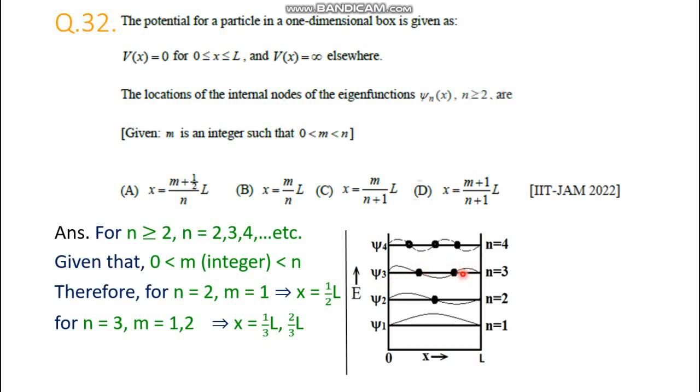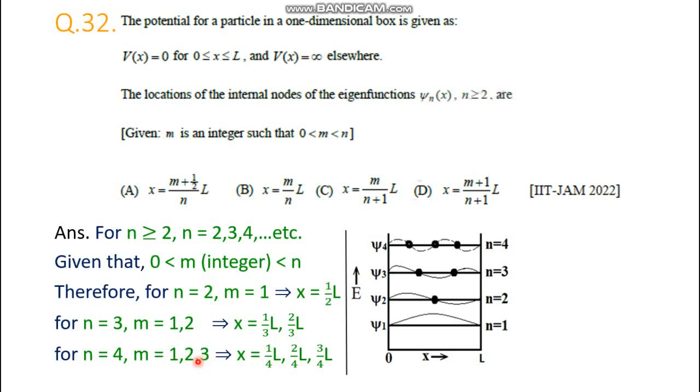Similarly, for n equals 4, m can have the values 1 to 3, satisfying this condition. The values of x should be 1 by 4 into L for m equal to 1.